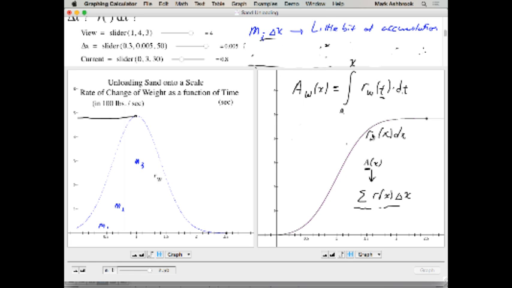So whether it's the approximate accumulation function down here or the exact accumulation function, what's the underlying principle of this? Adding rates of change times a small change in x. Okay, adding them up. Yeah, so summing up little bits of change, that's true, but even more foundational underneath that is what?